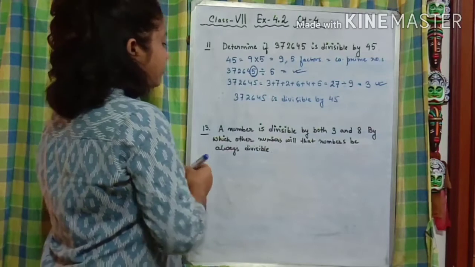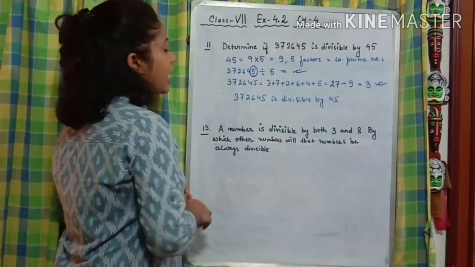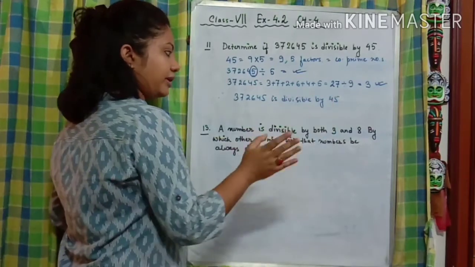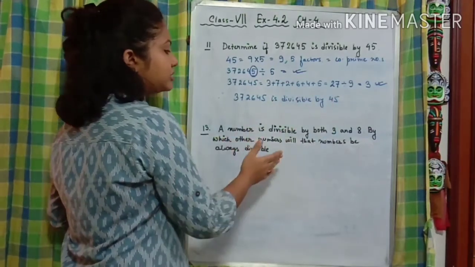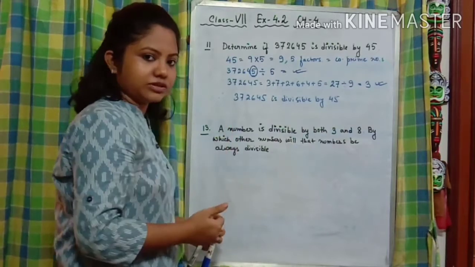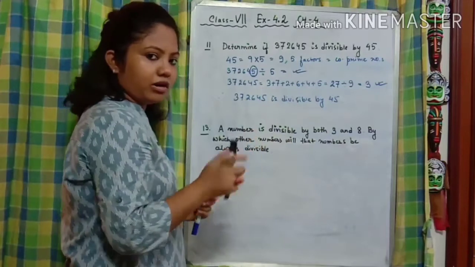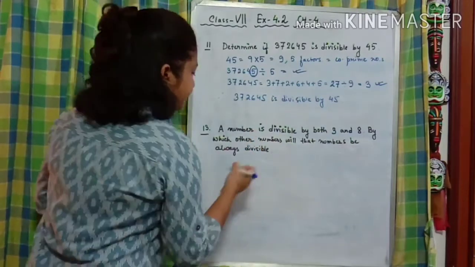Now coming to the last sum of today. Here we are asked that a number is divisible by both 3 and 8. By which other numbers will that number always be divisible? Let that number be x.